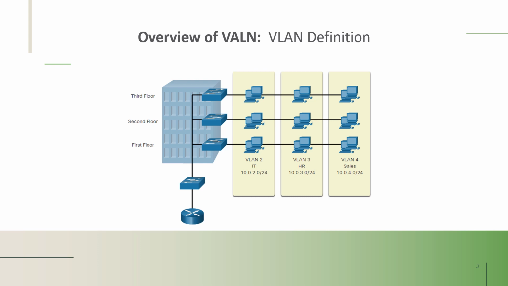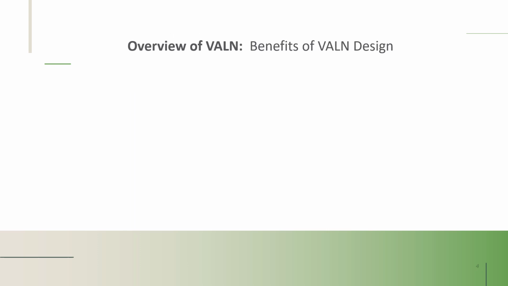But what are the benefits of VLAN design? You have to know that each VLAN in a switched network corresponds to an IP network. Therefore, VLAN design must take into consideration the implementation of a hierarchical network addressing scheme.